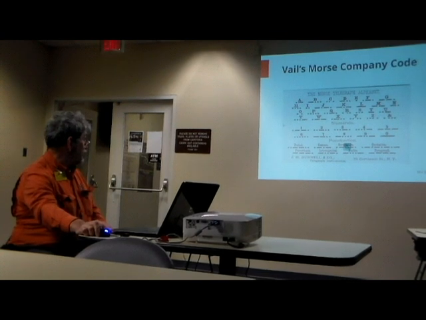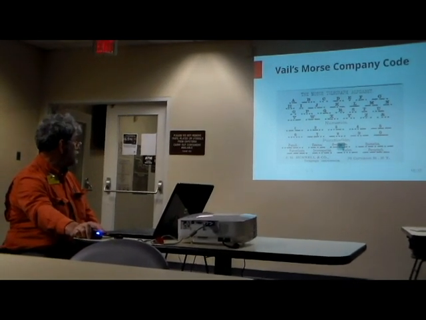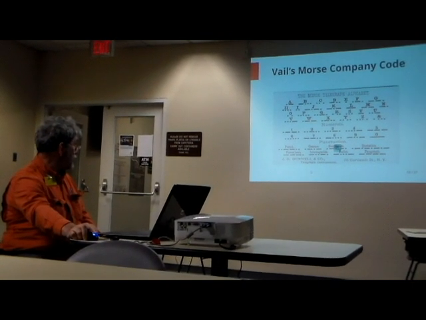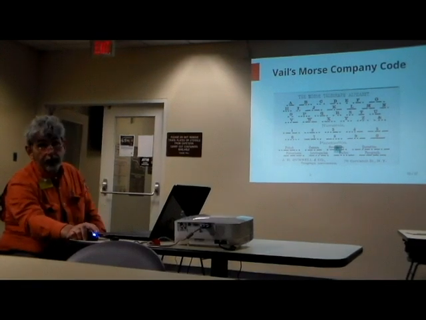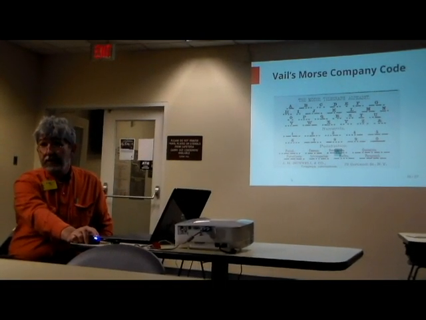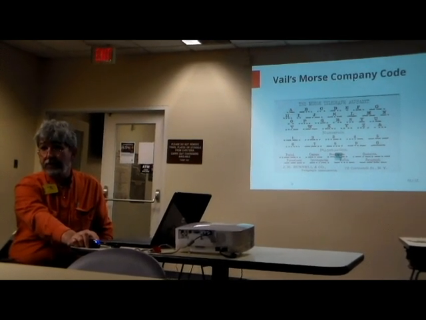This is the Morse alphabet as printed by the Vanel Company, a major manufacturer of telegraph instruments. And you'll notice it's got the numbers 1 to 0 and a limited set of punctuation, but it's certainly not an exhaustive set of punctuation even for English. And there was going to be no lowercase because Vail thought that was a waste of time.